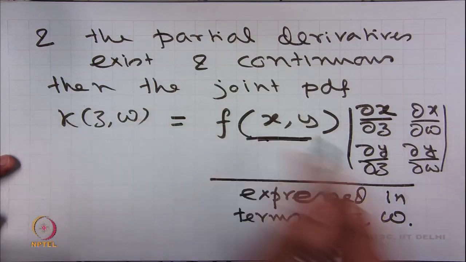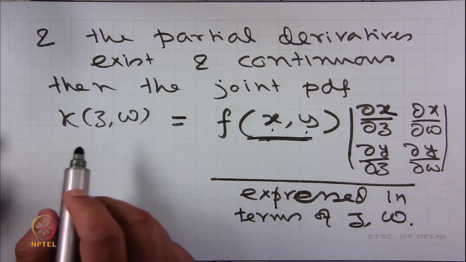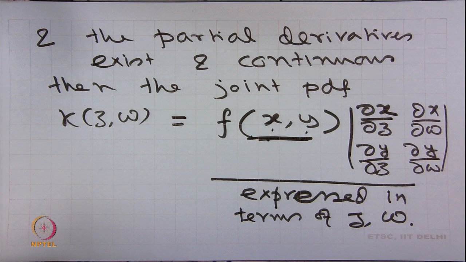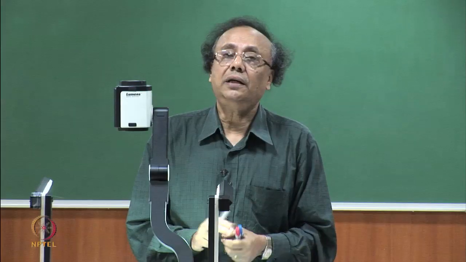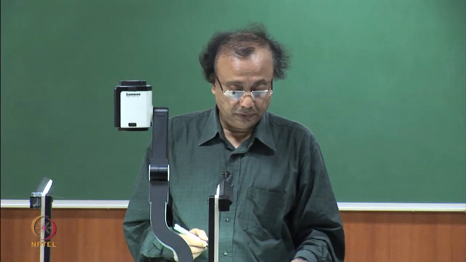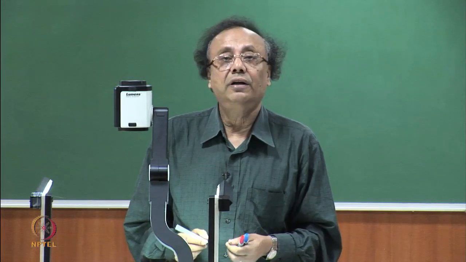So, given z w, we can uniquely determine x and y. If we remember this, then we shall use the same theorem for obtaining the PDF of the T distribution with n degrees of freedom.